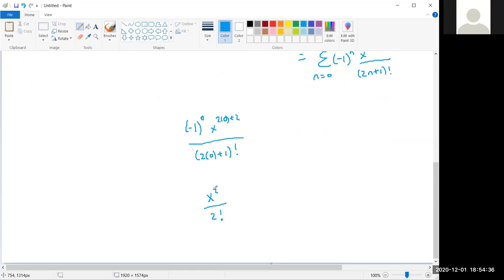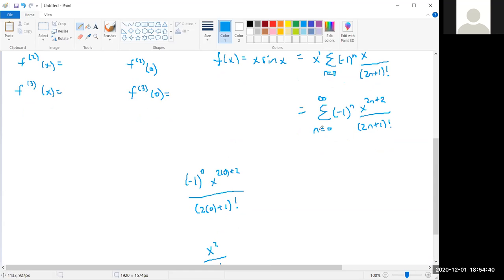Let's do the next term, right? Because we're not at a degree of 4 yet. So the next term is when n equals 1. This was n equals 0, now let's do n equals 1. So we're going to have (-1)^1 x^(2·1+2) over (2·1+1) factorial.